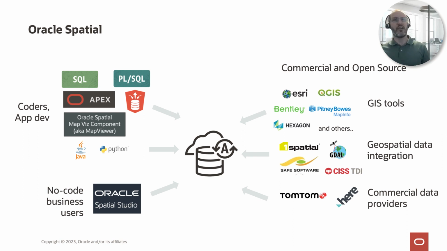It is provided at no extra cost with the database. Anyone working with Autonomous Database has access to this. And it's a mid-tier server component that provides a spatial data server and a background map tile service, so that applications can have custom configured, custom designed background maps.